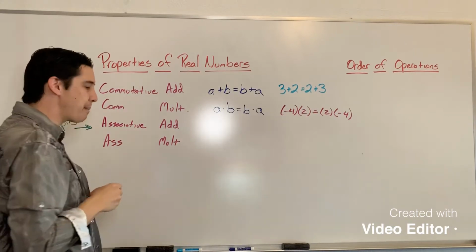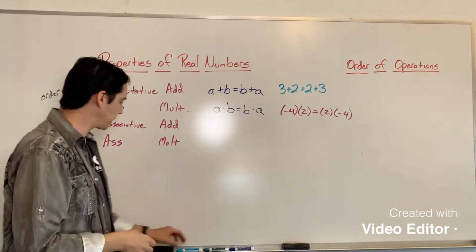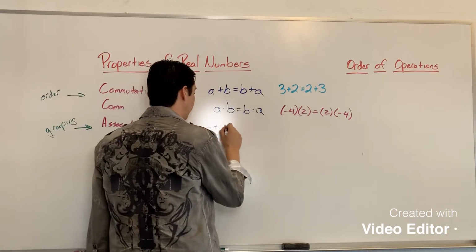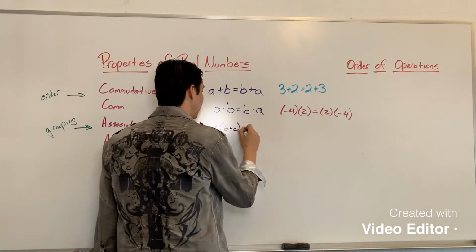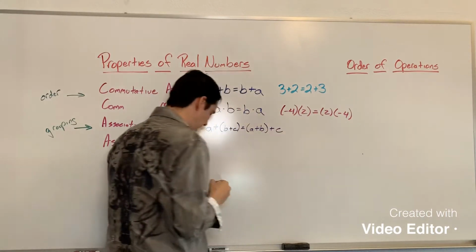It doesn't matter in what order or grouping that we do our multiplication, or addition. So A plus B plus C is equal to A plus B plus C, grouped either way.